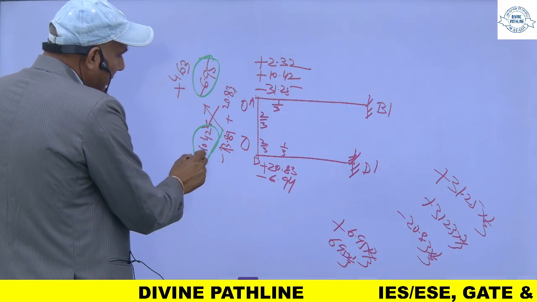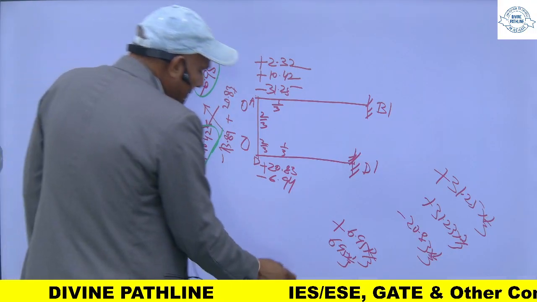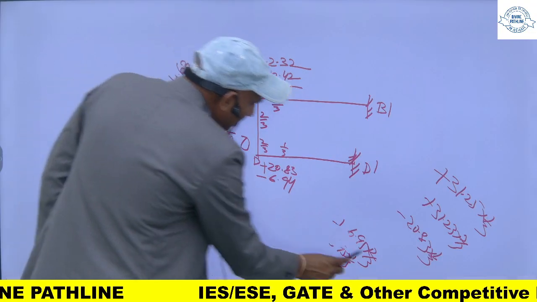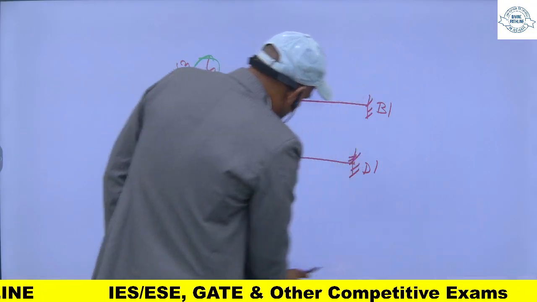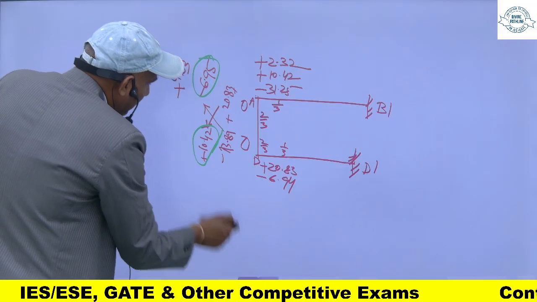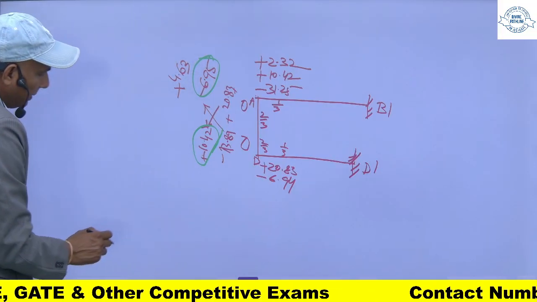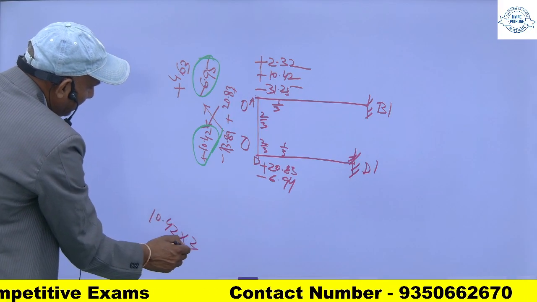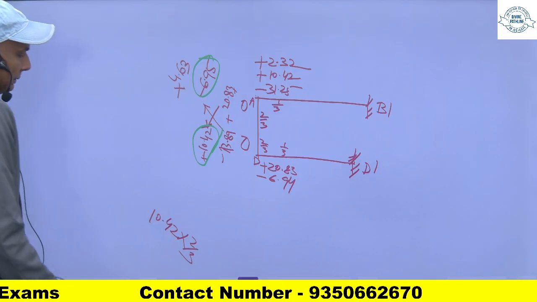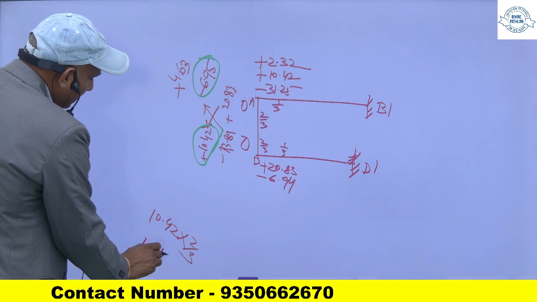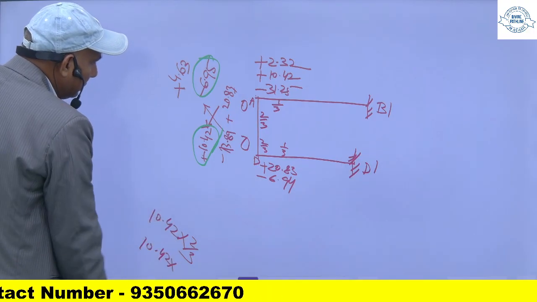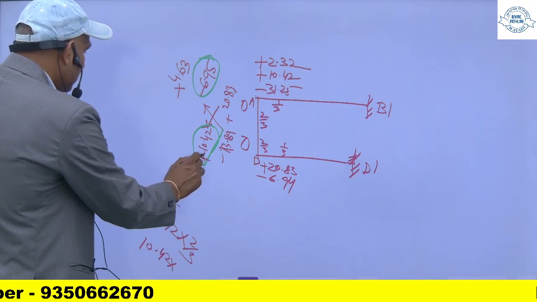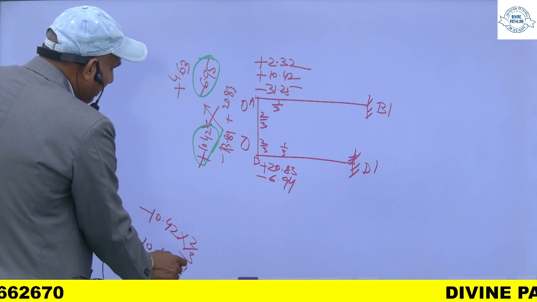And same here, this plus 10.42 is extra now. So 10.42 into 2 by 3 for this member, and for this, it is plus, so the correction will be minus, it will be 1 upon 3.